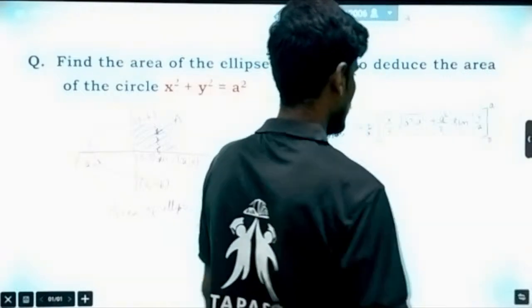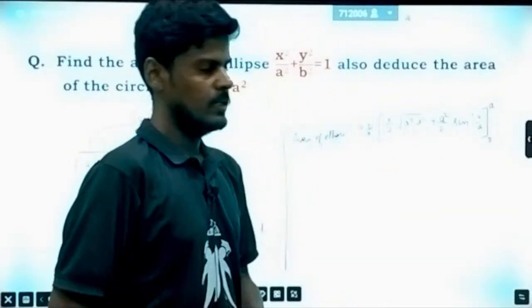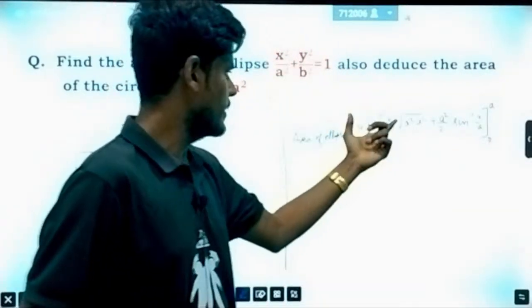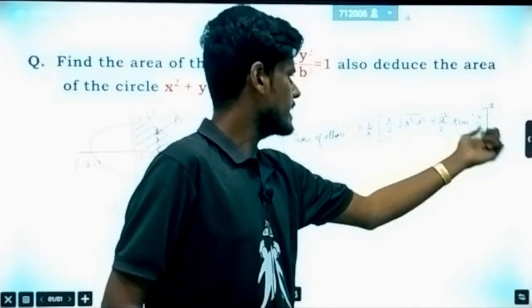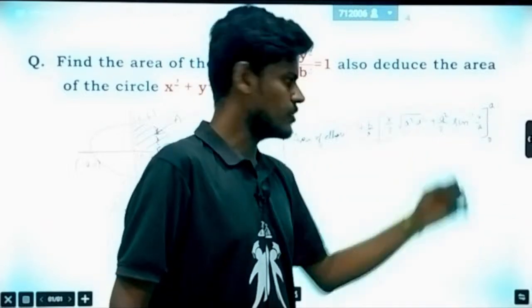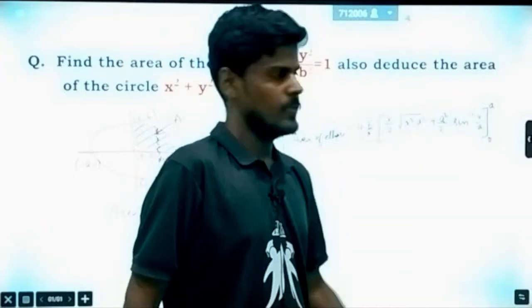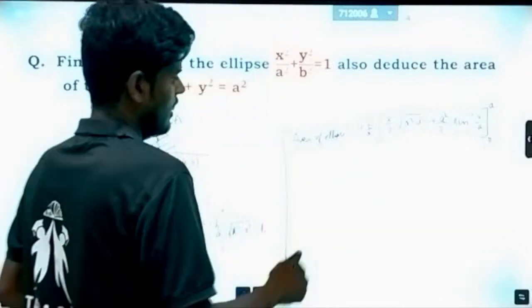Now when we substitute the lower limit 0 to a, the first term is 0, since 0 into something is 0 anyway, and sine inverse 0 is again 0, so the lower limit fully becomes 0. What is the upper limit?